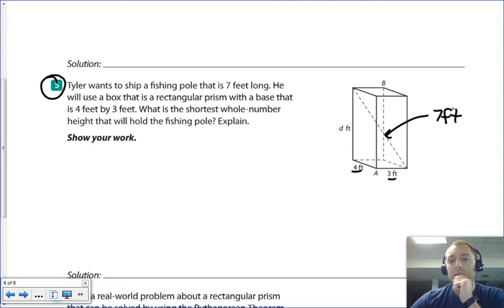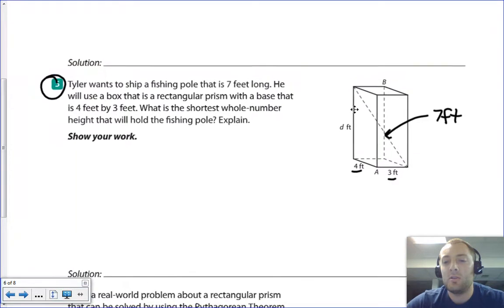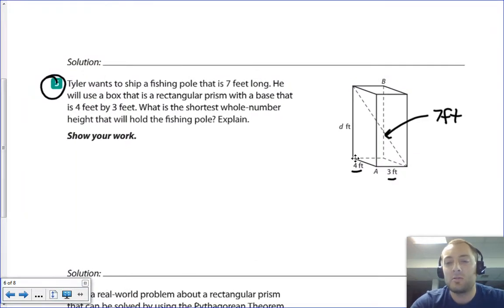So I'm picturing, again, a couple triangles. What we're trying to find ultimately is the shortest whole number height. But the 7 with the D, the only other thing that it could form is a right triangle going across here.